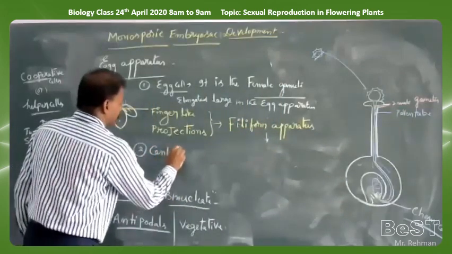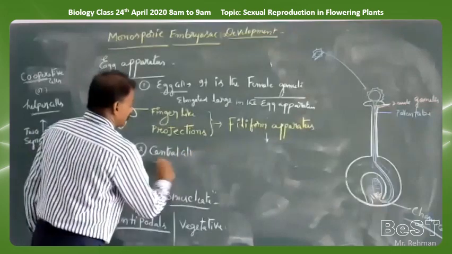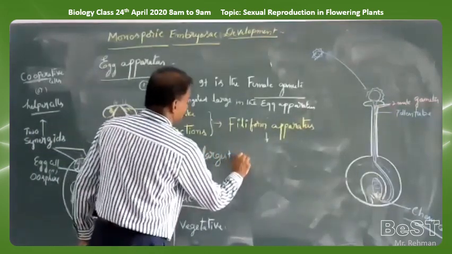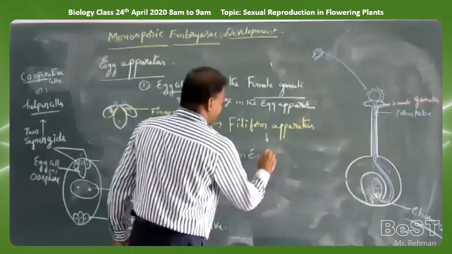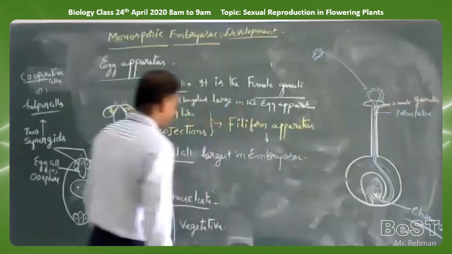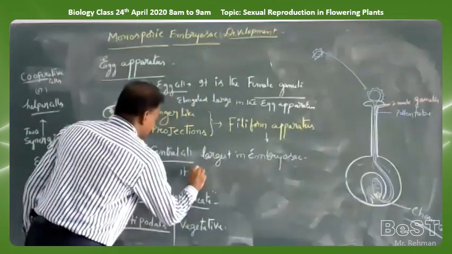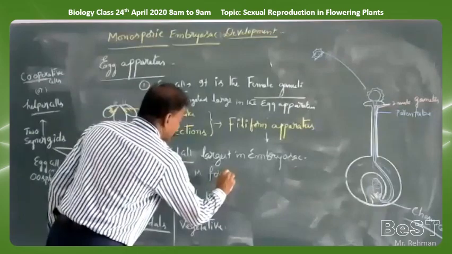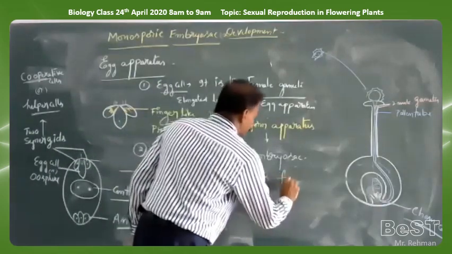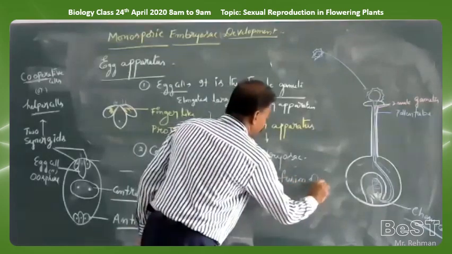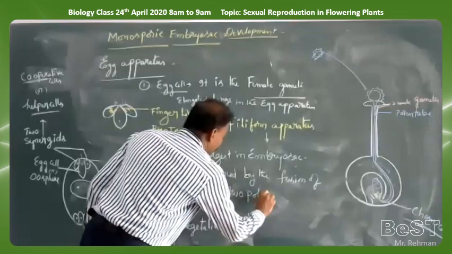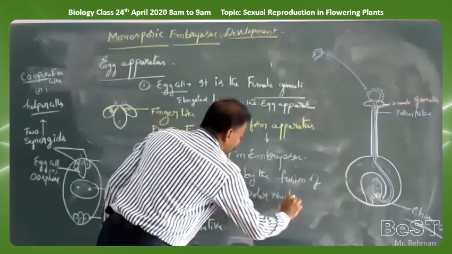The central cell, largest in the embryo sac, is formed by the fusion of two polar nuclei.